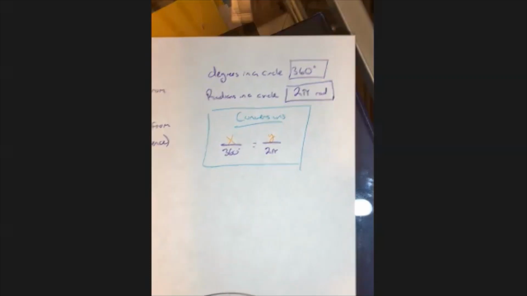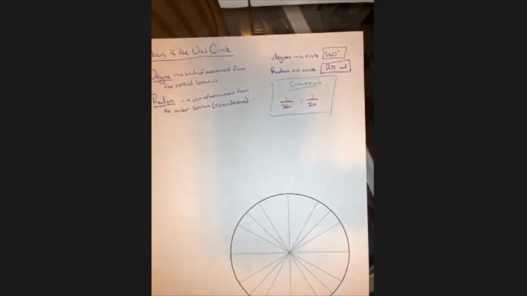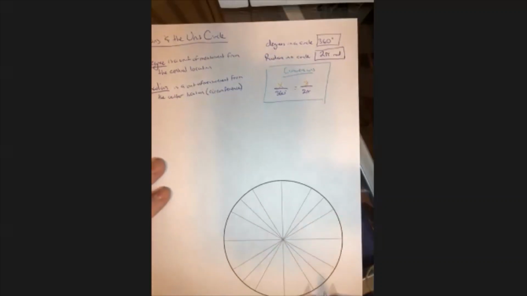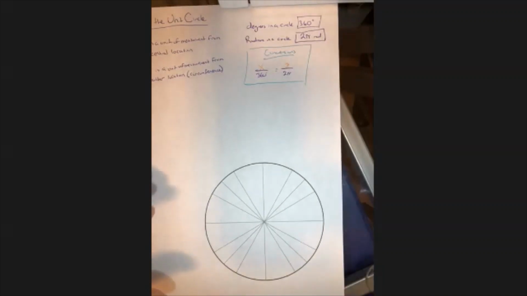So as of right now, let's take a look at what that means for this thing right here. We're going to be converting the unit circle. So our first step, we're actually not even going to convert. The first step, we can do degrees, and we know how to measure the degrees.